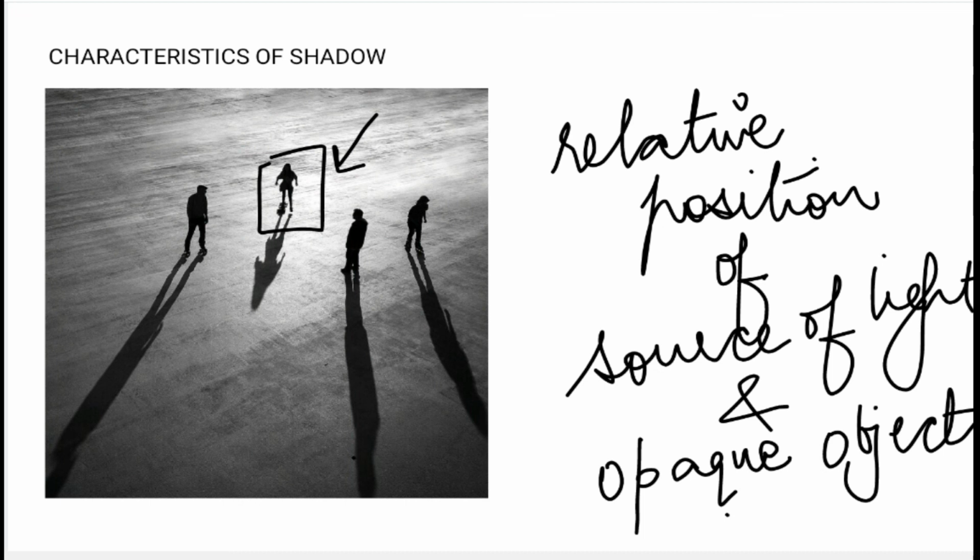The shadow size keeps on increasing as the distance between the source of light and the opaque object decreases. During noon, when the sun is just above us, we have the shortest shadow. So students, I hope it is clear till now.